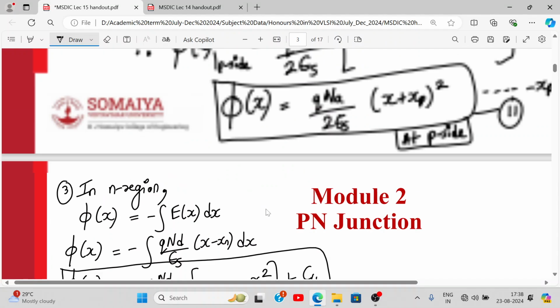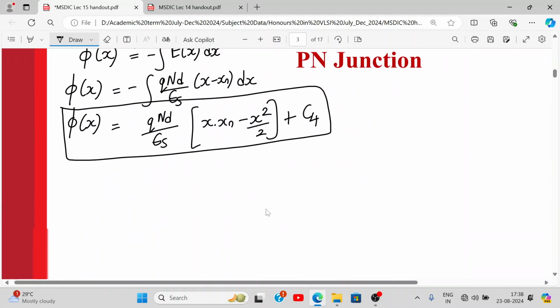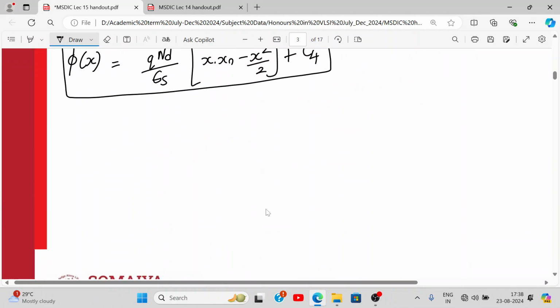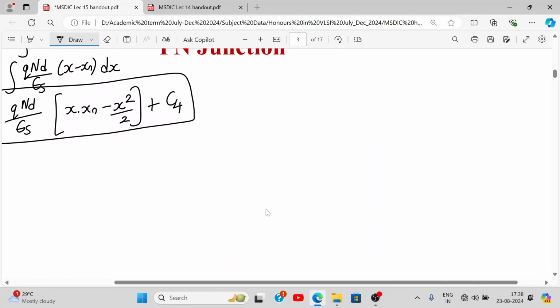The problem is, see here, everyone. At x is equal to, how the electric field diagram is like this. See, this is x equal to 0. This is minus xp. This is xn, right? And the electric field, how it is looking like this.